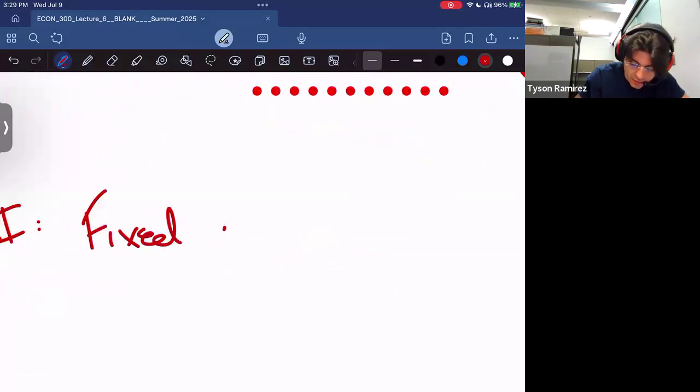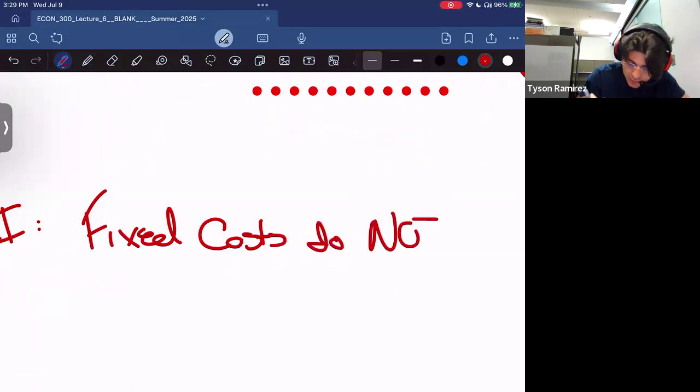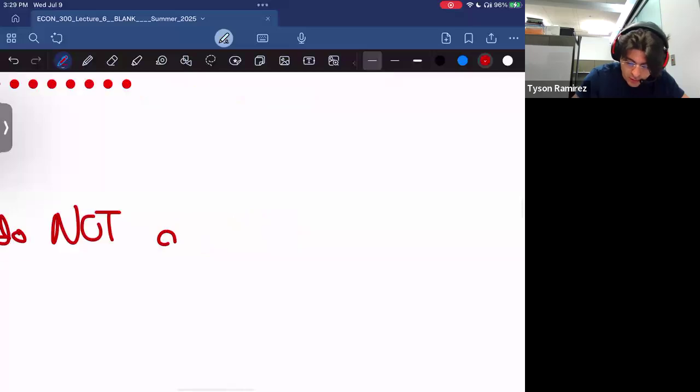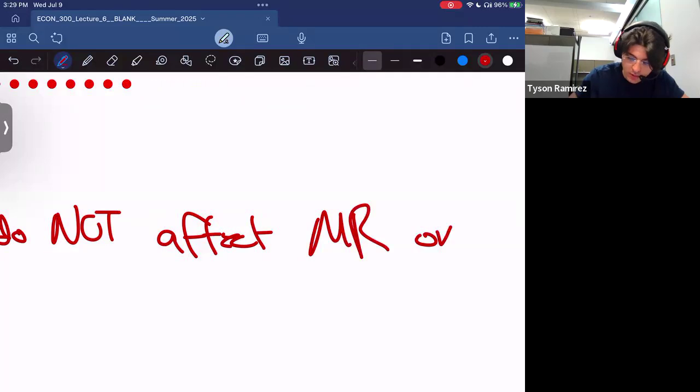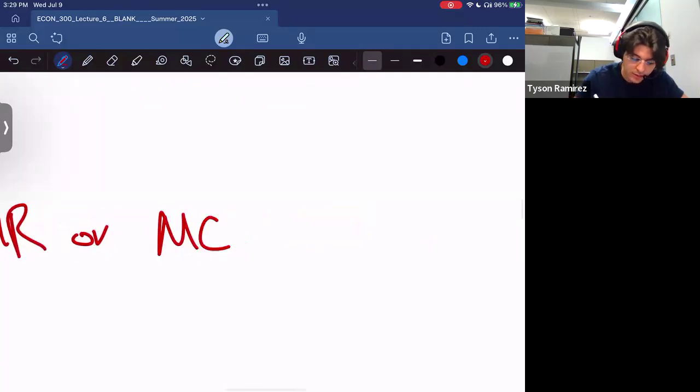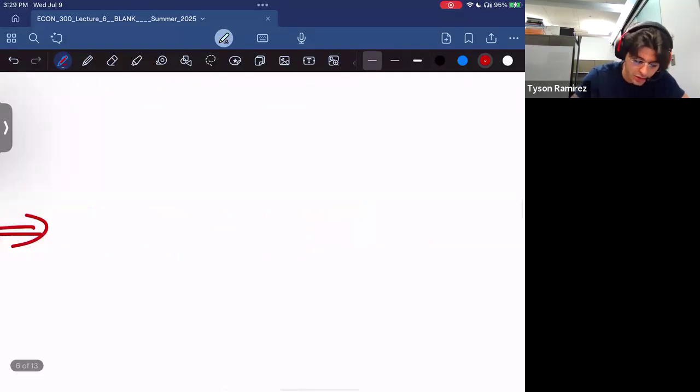Fixed costs do not affect MR or MC. Thus, method two, we might say, is more efficient.